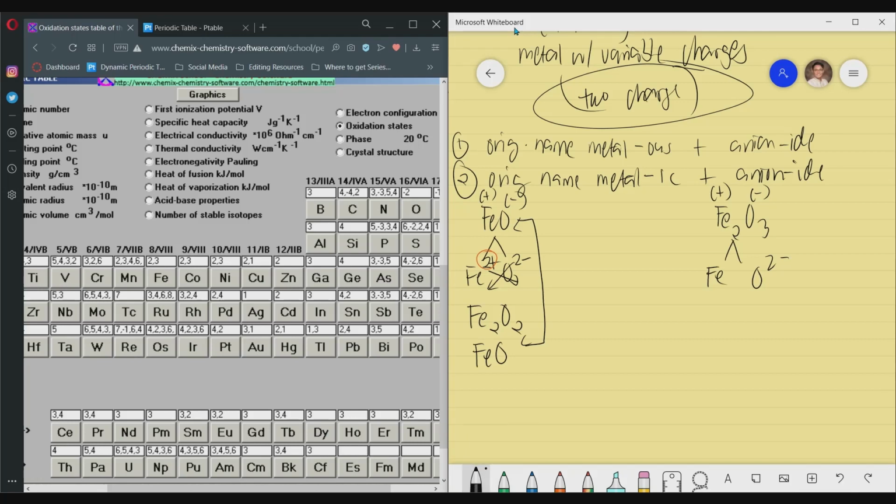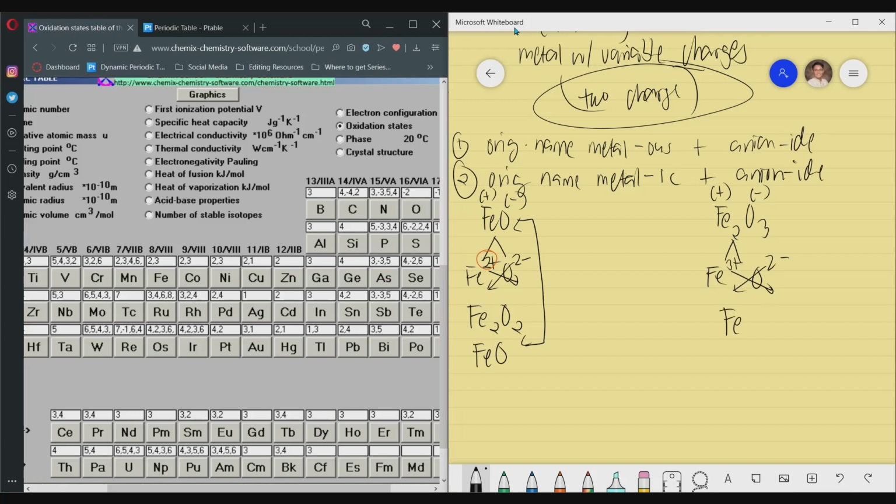How about Fe2O3? Ano kayang charge ni iron na kapag kinriss-cross together with O 2 negative ay magiging Fe2O3 ang sagot? Now, looking at the choices, 2 at 3 lang naman yan. Since nagamit mo na yung 2 dito, that must be 3. So 3 plus. I-criss-cross mo na yan ngayon.